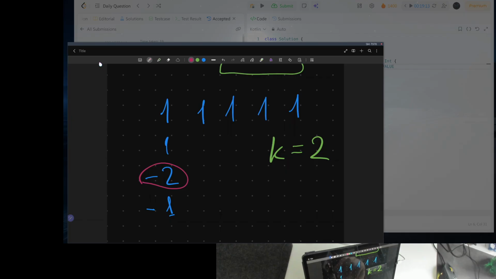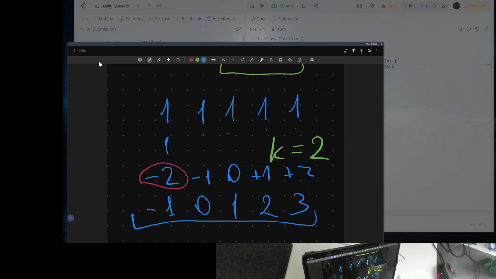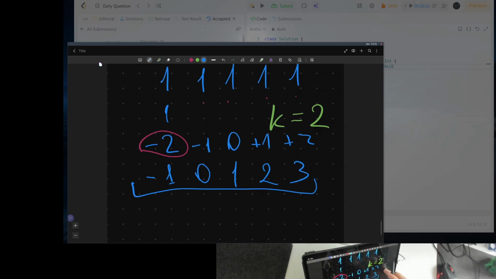The answer is no, because the numbers are all equal. So we do the next operation, minus 1, and this becomes 0, and so on. With plus or minus 0, it just stays 1. Then again plus 1, and this becomes 2, and plus 2, this becomes 3. So the answer is 5 distinct unique numbers we have after applying.